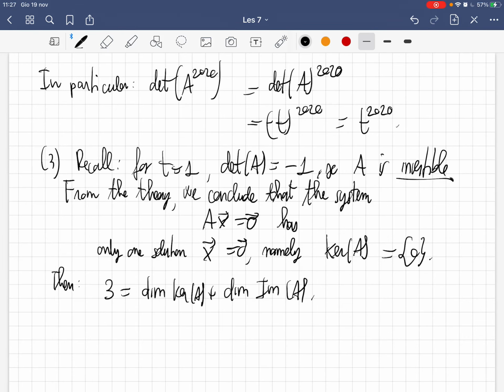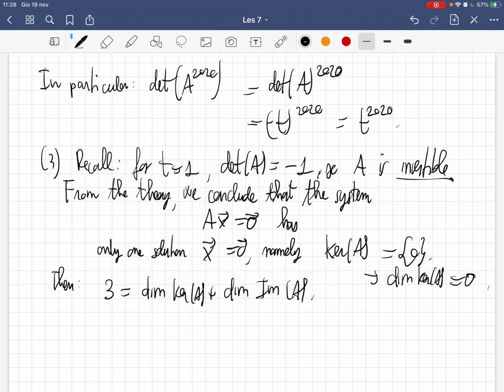So from here you conclude that the dimension of the kernel of A is 0. Just don't forget, the kernel is trivial, the dimension is 0, so it means that a basis has to have 0 elements, so the basis is the empty set.